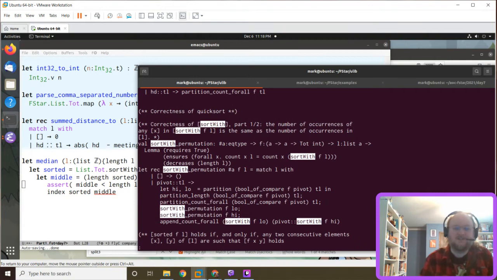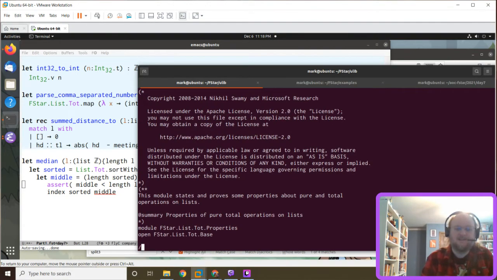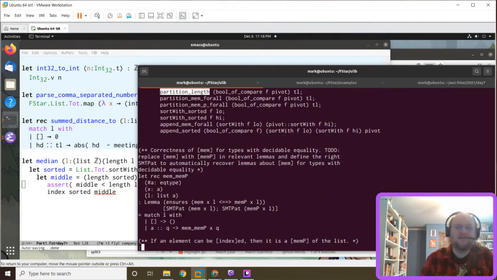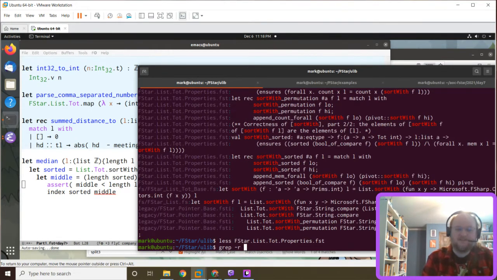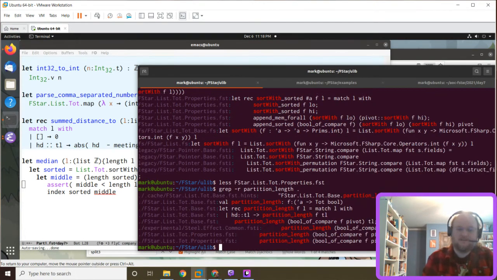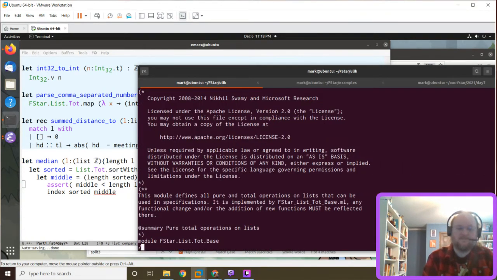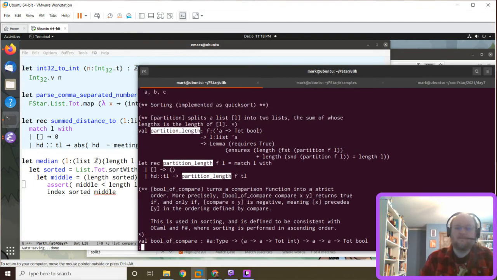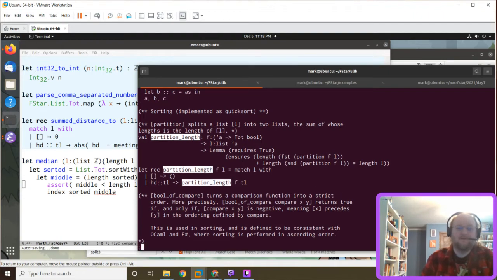Oh, partition length. Where is that defined? Okay.